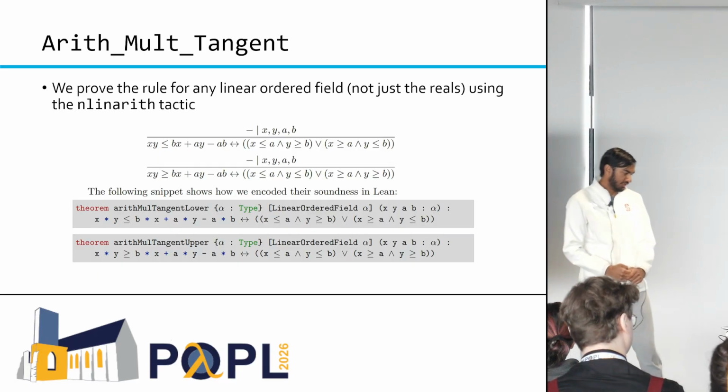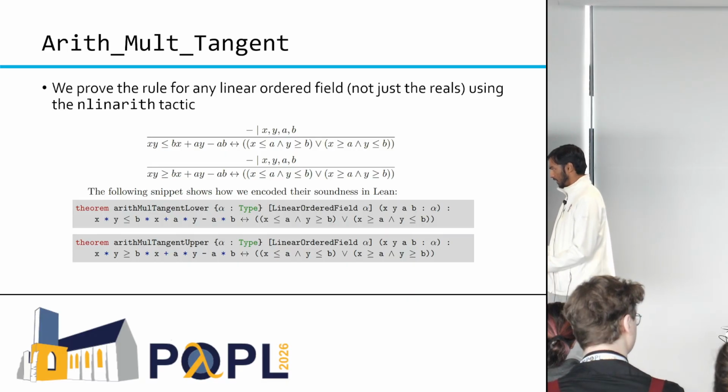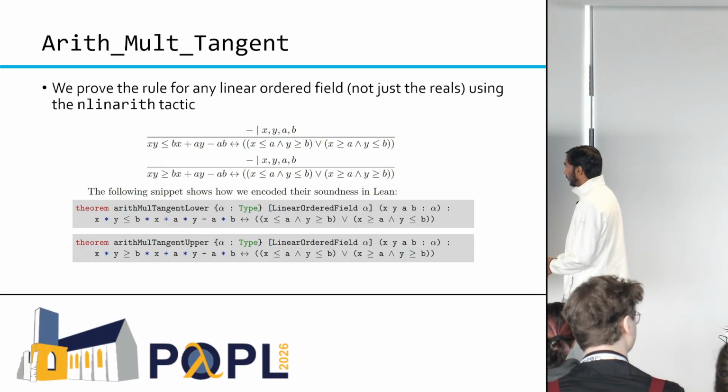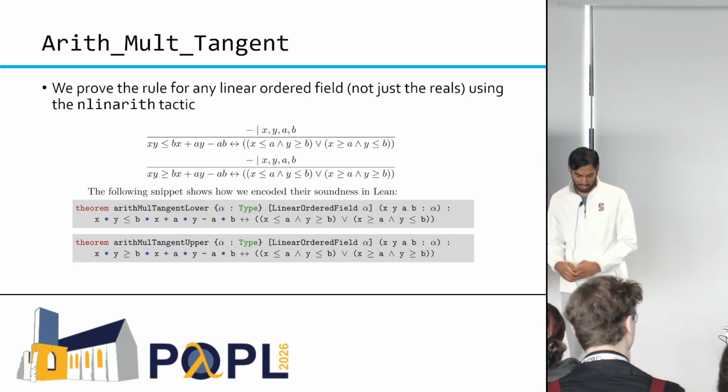Similarly, you have the other version of the rule where the product of 2 variables is bounded below by a tangent plane, and you can replace that by some linear inequalities. Proving this rule is more or less straightforward. We formalize in Lean just as is in the proof rule, and we prove it using nlinarith or any tactic that deals with inequalities.